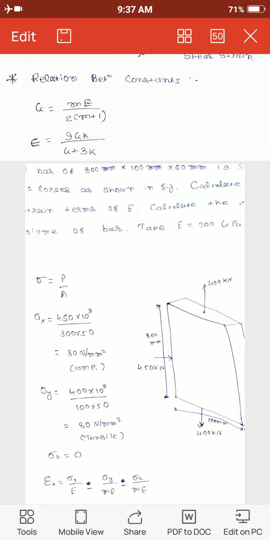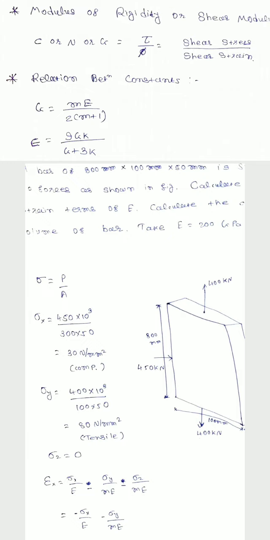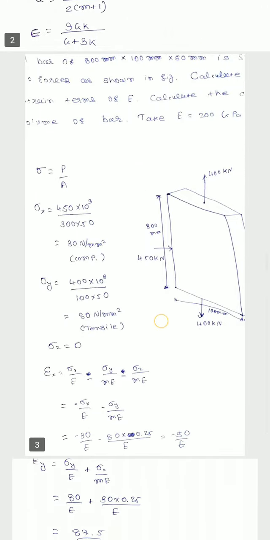So we get 30 Newton per mm square stress, but it is in compression. In the same way for y direction, we get 80 Newton per mm square. It is tensile stress. And there is no force in z direction, so sigma z is equal to 0.